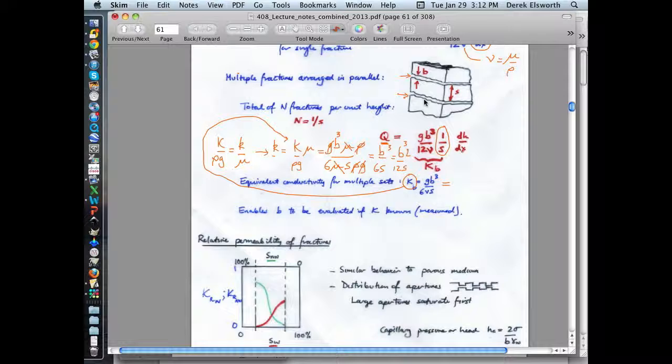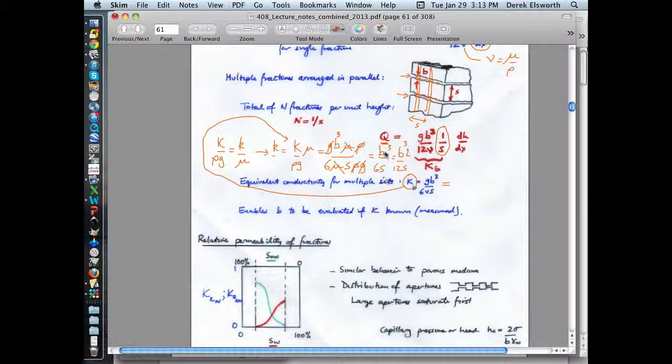The reason for that is that now we have the behavior for one set of fractures, which will give us a certain amount of flow. If you add another set of fractures, which are here and here, also separated by the same spacing, then that will give you an equivalent amount of flow. So 1 over 12 gives you the effect for one set, and 2 over 12 gives you the effect for 2 of these.